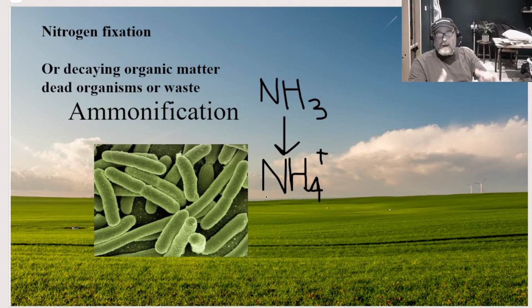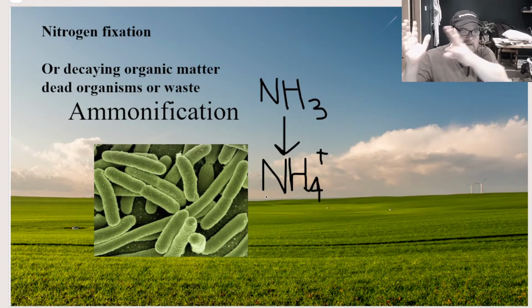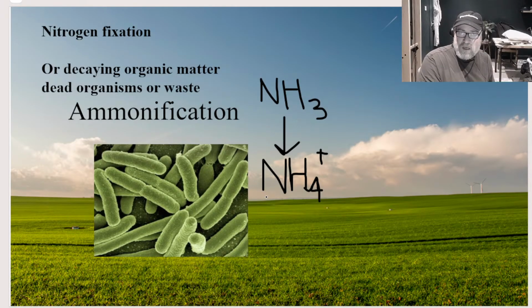So that's where we get the ammonia from. It's from ammonification. But nitrogen fixation, which we already discussed in the root nodules, also makes ammonia. So there's two pathways to make ammonia: ammonification, and then nitrogen fixation can make ammonia. Okay, let's move on.